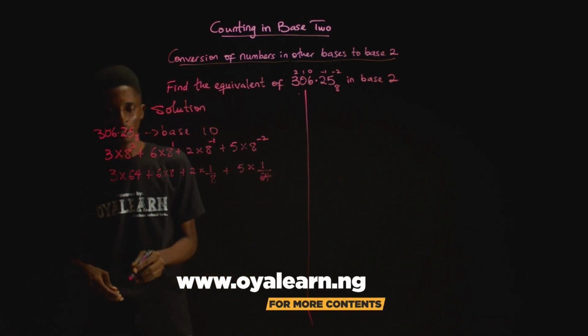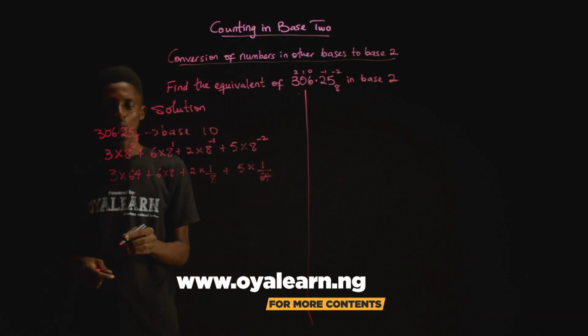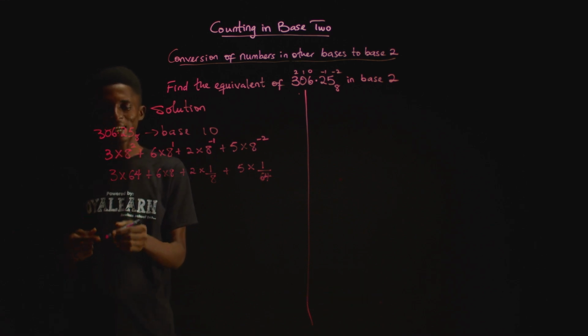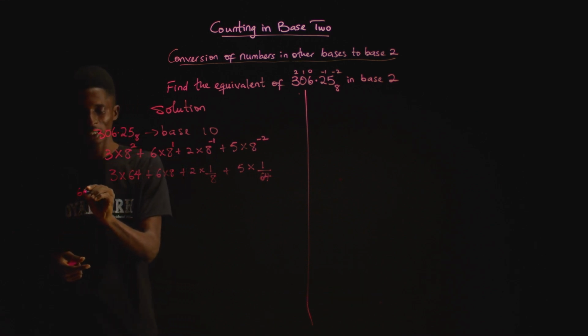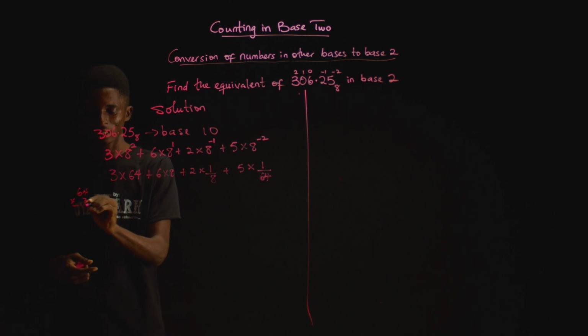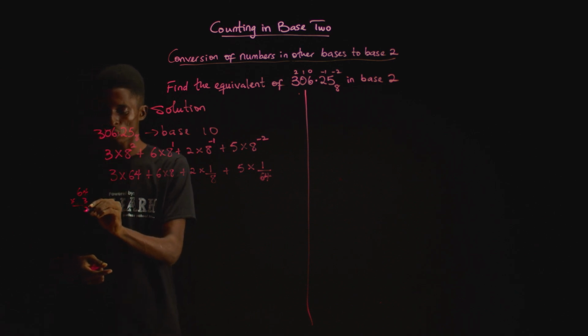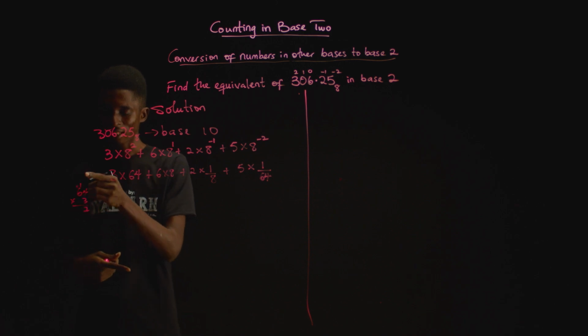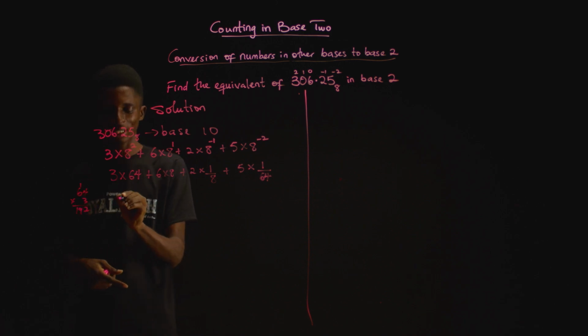Now let's solve it further. When we multiply this, we have to get 64 multiplied by 3. So let's do that here. 64 times 3. 3 times 4 is 12, so 2 carry the 1. 3 times 6 is 18, plus 1 and we have 19. So 192.